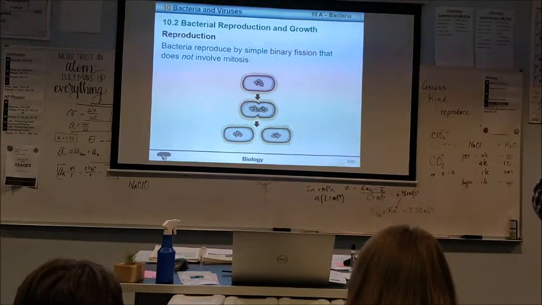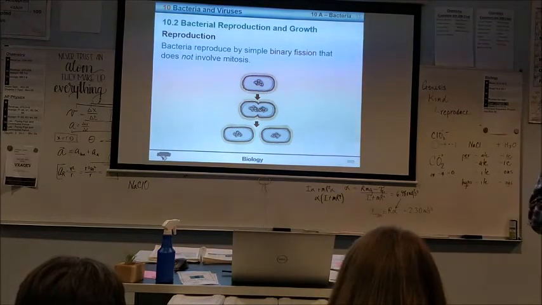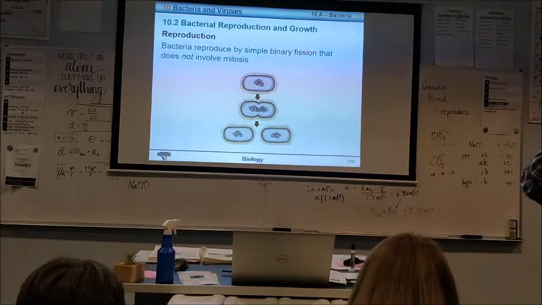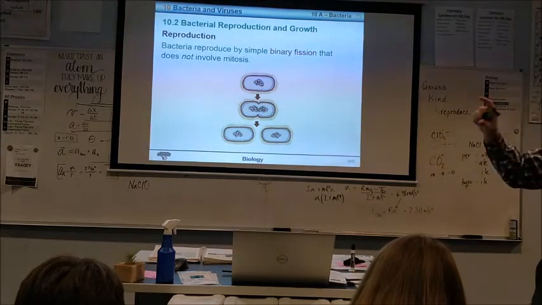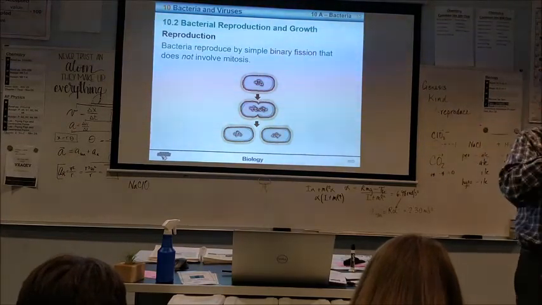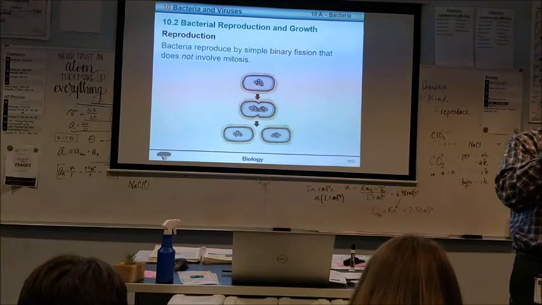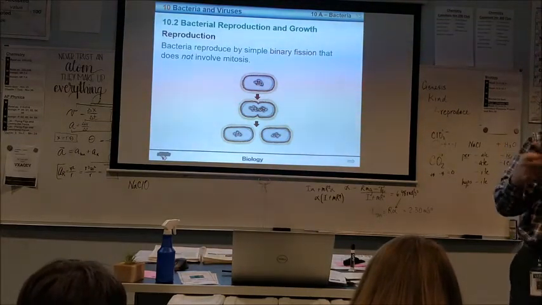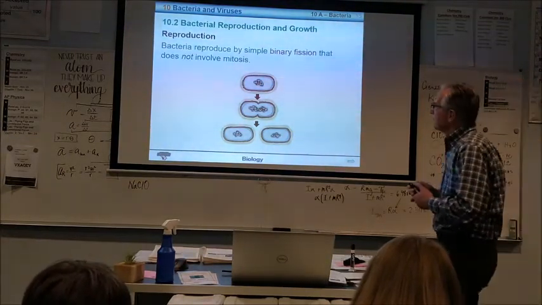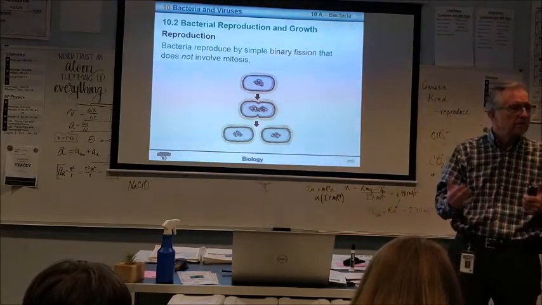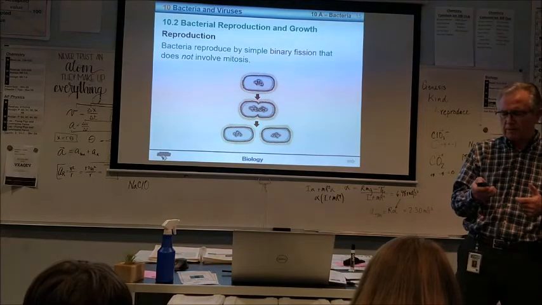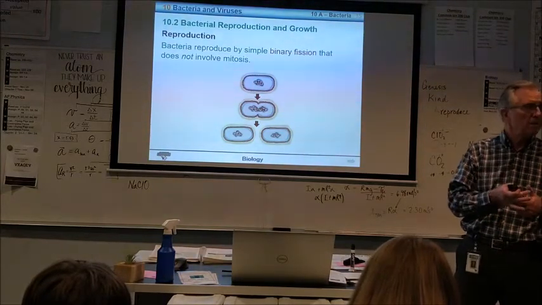So it doesn't have separate phases, where they line up in the middle and all that kind of stuff. It just duplicates the material, and it pinches off in the middle and pinches the nuclear material into two bunches, and now we have two cells. So it's not the average normal kind of mitosis.